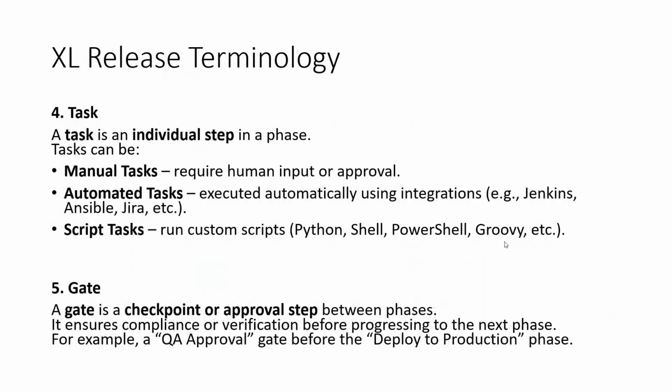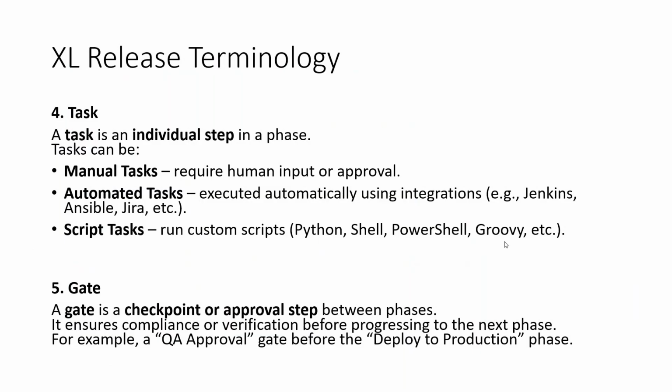For example, Jenkins, Ansible, Terraform, Python, shell scripting, PowerShell, Groovy, any code you can run through shell. So the task is an individual step in a phase, manual tasks, automated tasks, and so on.